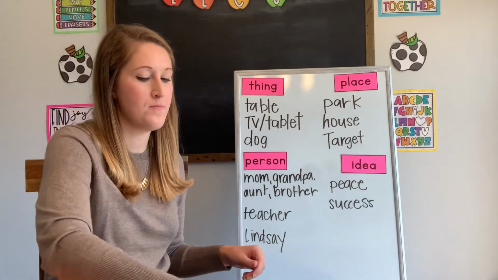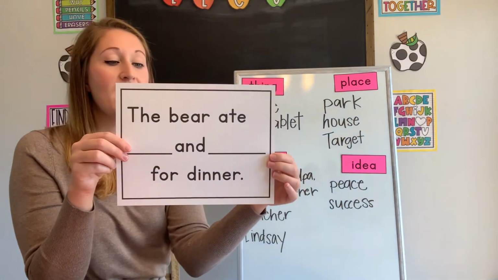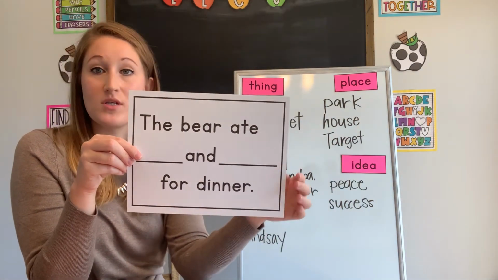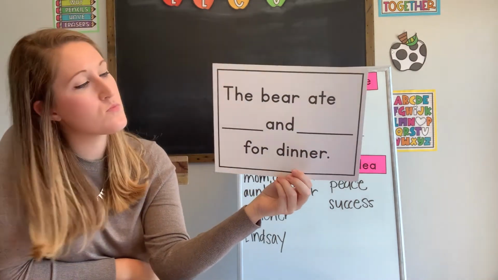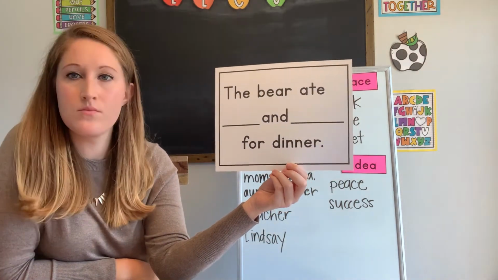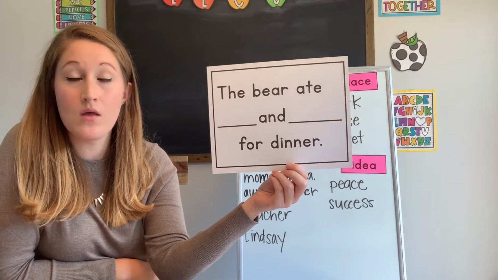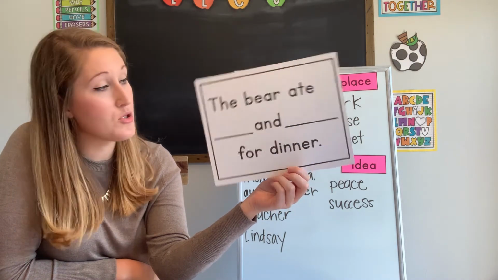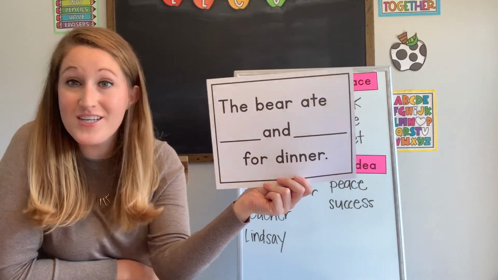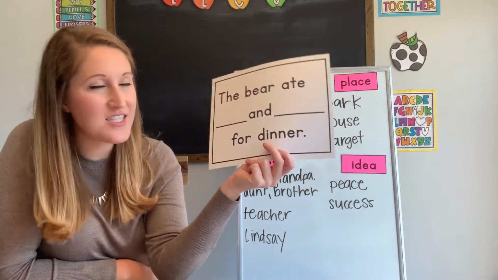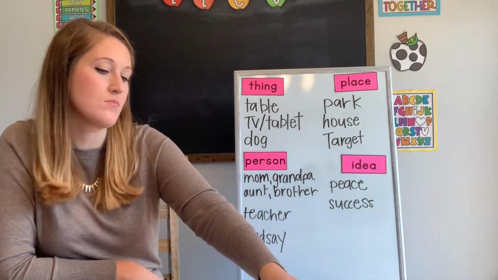Good. The bear ate blank and blank for dinner. What did the bear eat for dinner? Blueberries and strawberries, good. Porridge and pie, right? Lots of different things that bear could eat.